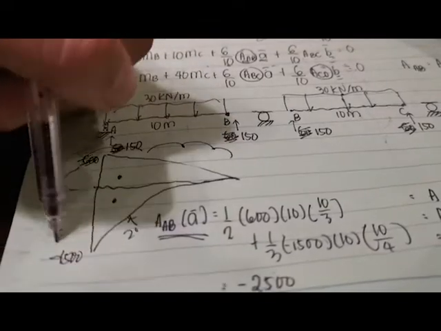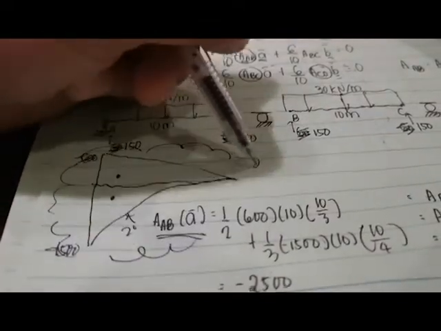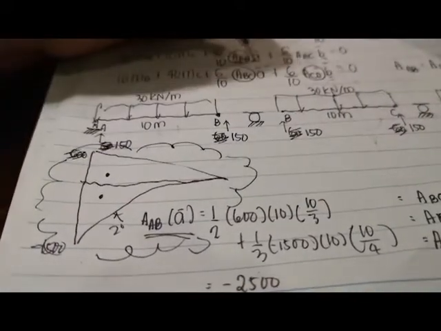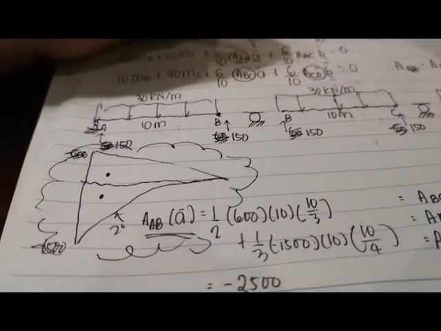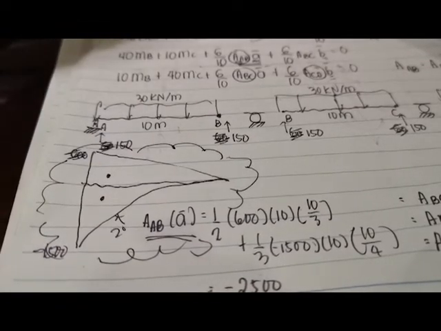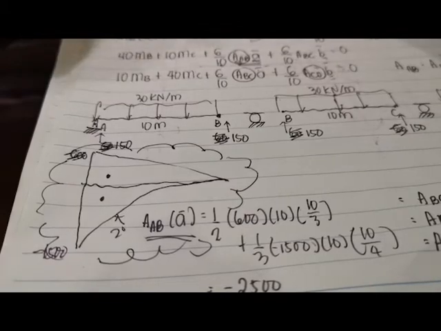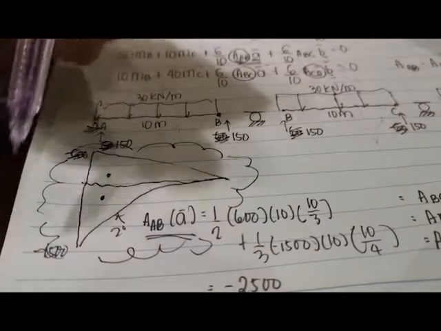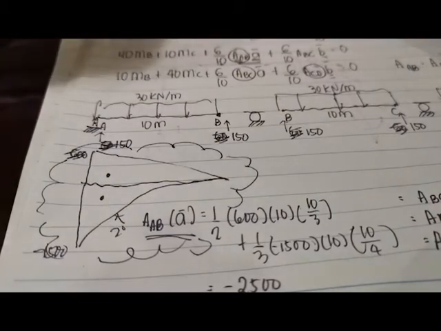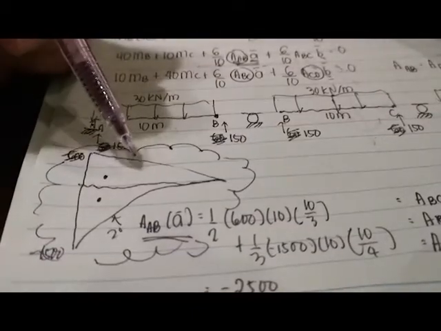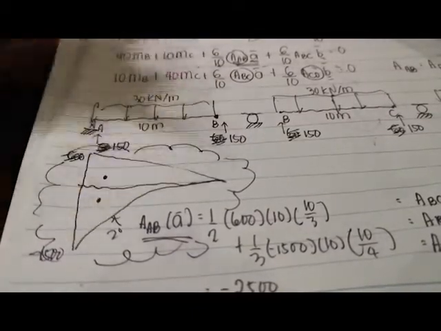Why? Because we are to compute the first moment of area of the moment diagram of this span, and we should make sure the area and the centroid are easy to compute. So I decided to do by parts here.